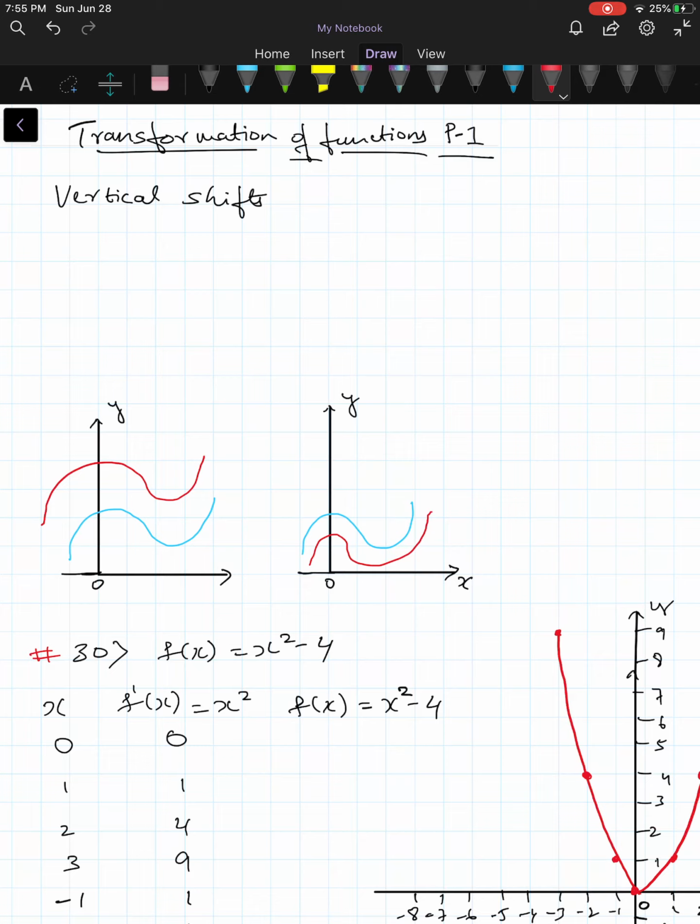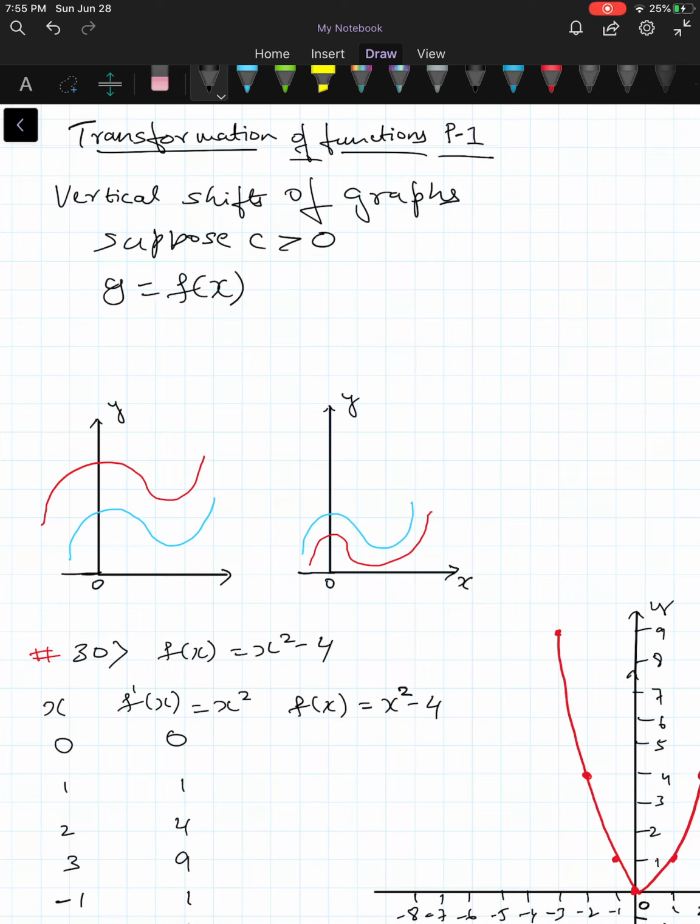So let us define vertical shifts of graphs. Suppose c is greater than 0. y is equal to f of x is the given function. If you add c to it, that means you are shifting the graph upwards, above the original graph.